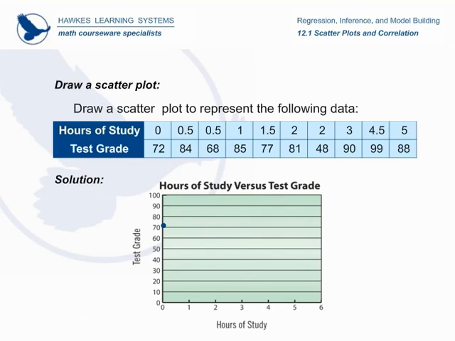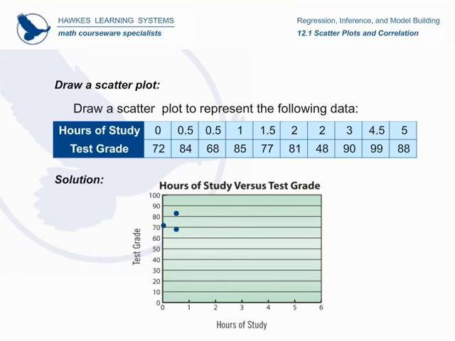So let's begin plotting our data values. For 0 hours of study, we have a test score of 72. We'll continue on with half an hour studied, or 0.5, which would give us a test score of 84.